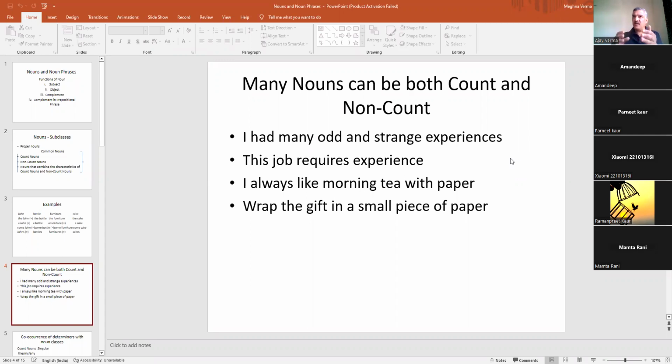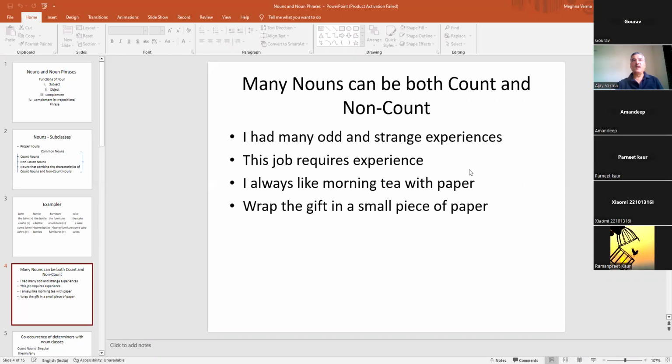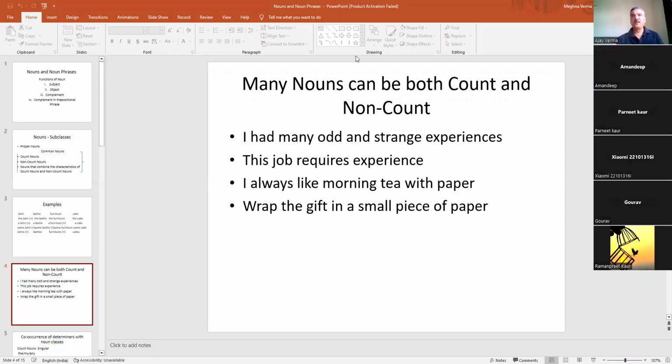So the noun experience at certain times can be used as a count noun, and we can have a plural of this, as the sentence shows you, I had many odd and strange experiences. And it can also be used to indicate a non-count use.